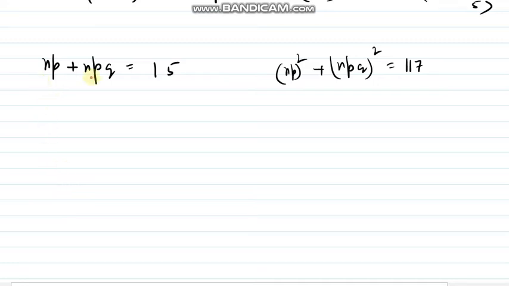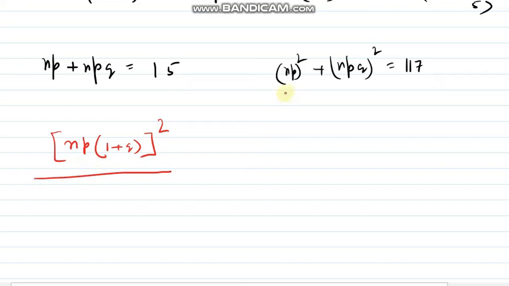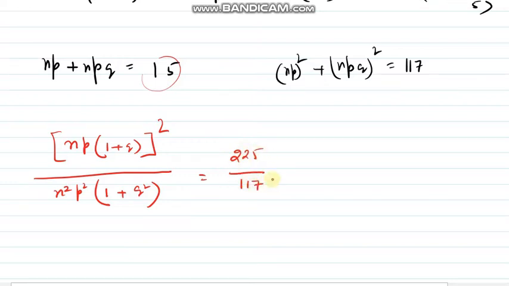If I square this, I will get np common into (1 plus q) whole square, divided by, I will keep it like this, n square p square common into (1 plus q square). That will be equal to, if I square this, 225 divided by 117.